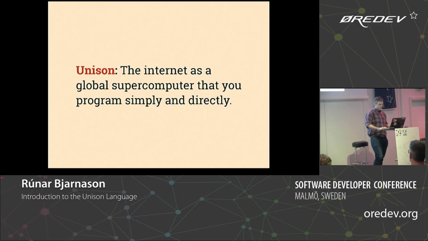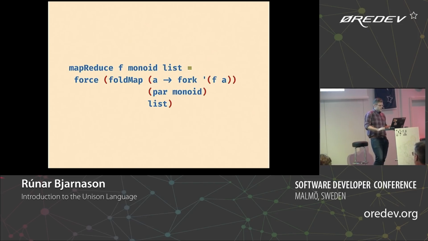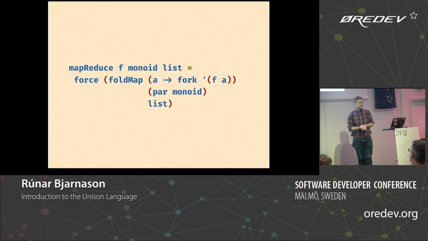All right, so let's see some Unison code. Here is a distributed batch mode MapReduce in Unison. This does something similar to Hadoop, if you're familiar with that. This function, MapReduce, will take a function f. It'll take some data set here called list, which is a list of values. The function to perform on each element of the list is called f.